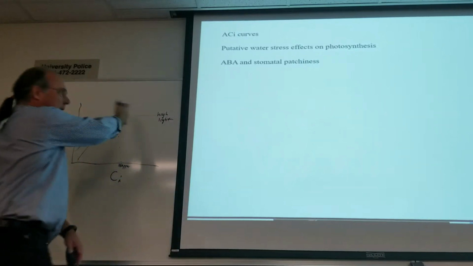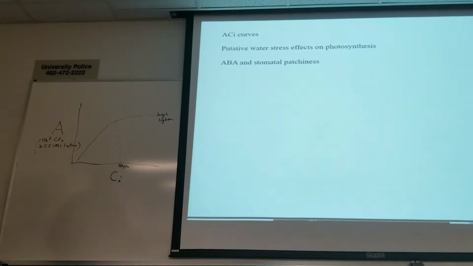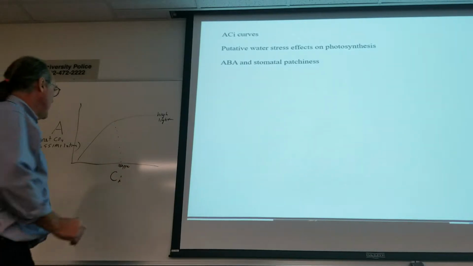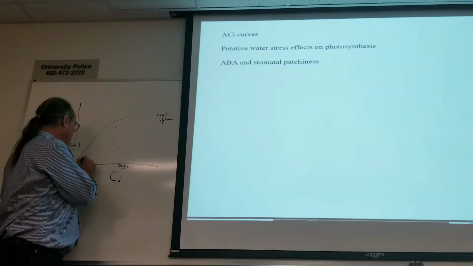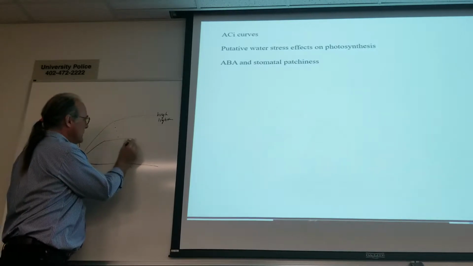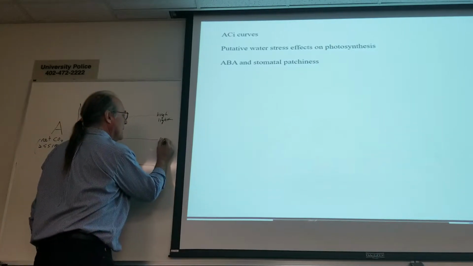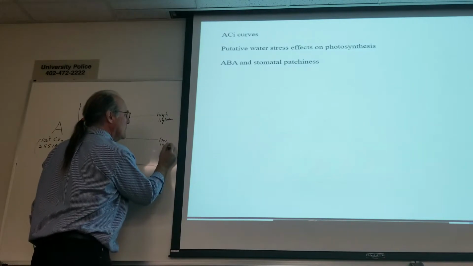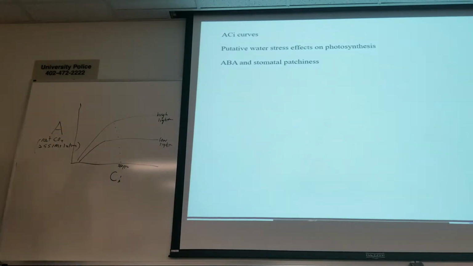and that's how we develop this curve. Now, if we change that light intensity to low light, what happens? Well, with the A-CI curve, this goes like this, and here is low light. You get a different relationship.